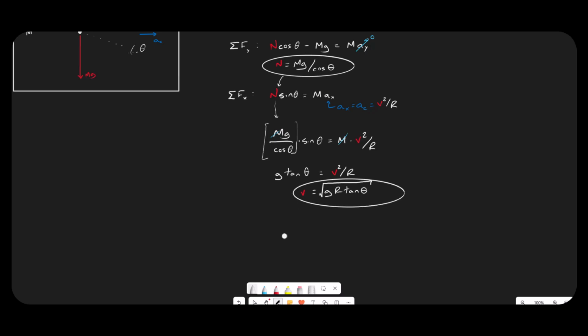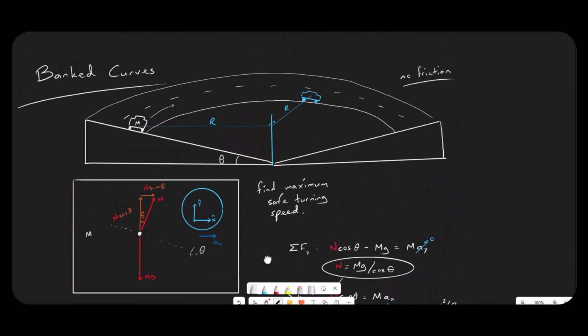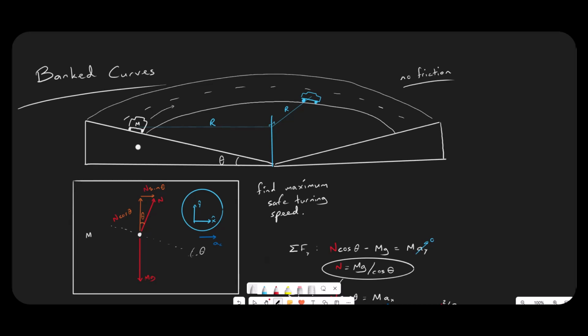I will do a separate video in just a little bit with an example that runs through this whole thing with numbers. I guess I can run through some numbers right now. Let's give this an angle of inclination of 10 degrees. We can give this a radius of 20 meters, and that's enough to be able to solve.